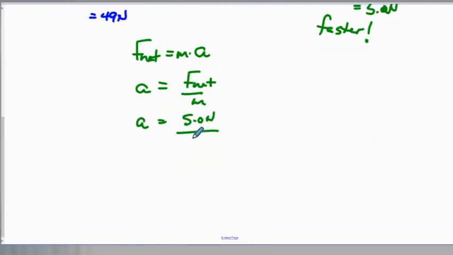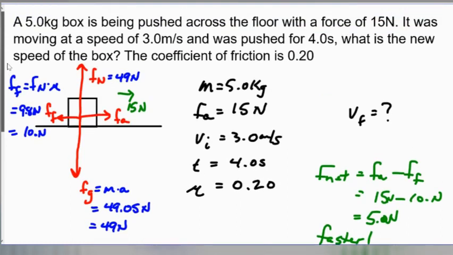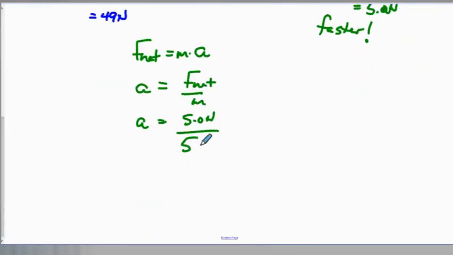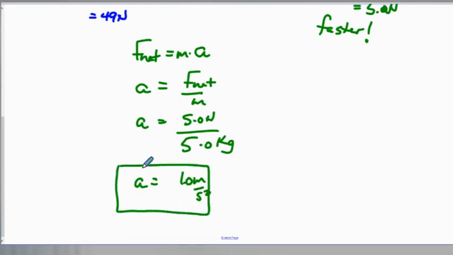And my mass is 5 kilograms. Double check. There it is, 5 kilograms. That gives me an acceleration equal to 1 meters per second squared. That was convenient.